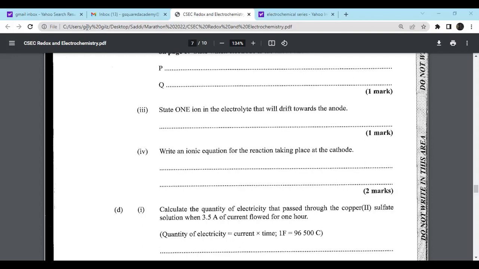The next part of the question really focuses on quantitative electrolysis. All right, so let's explain quantitative electrolysis first. This guy called Michael Faraday, some time ago, he found out that there was a way to determine how much, that's what quantitative means, how much product you could get at the cathode or the anode, okay?